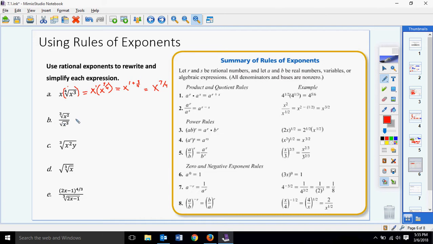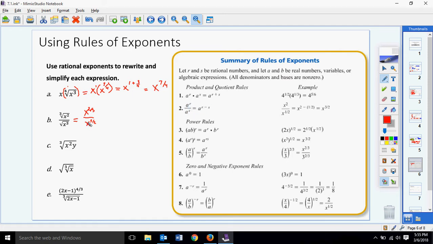Part B, same thing. I need to change my x's so that they are only in powers and not in nth roots. So in the numerator, I have x to the 2/3, and in the denominator, I have x to the 3/2. I'm going to be looking at my second rule over here because I am dividing.